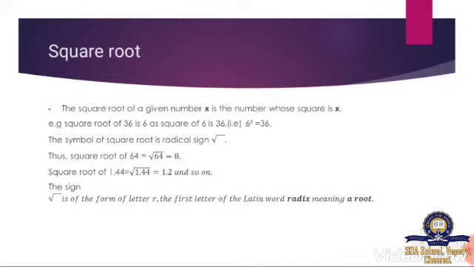The symbol of the square root is the radical sign. Thus, the square root of 64 is equal to radical 64, so we get 8. Likewise, the square root of 1.44 is equal to 1.2, and so on.